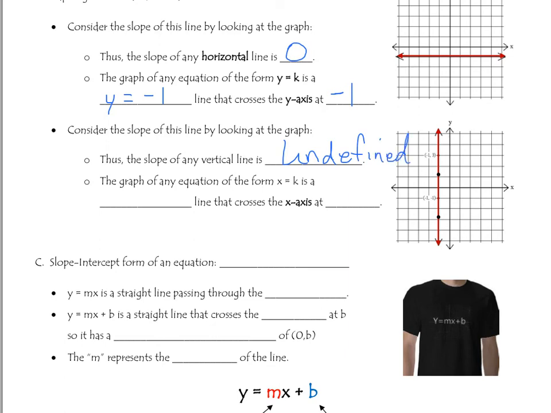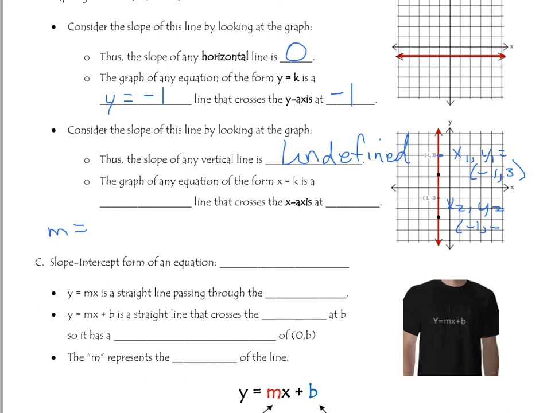Mathematically, we know that because if we use our slope formula, let's say for these 2 points, (-1, 3) and (-1, -1), well, the points are at the wrong places.